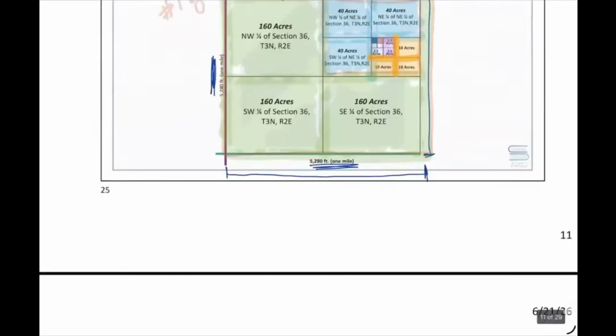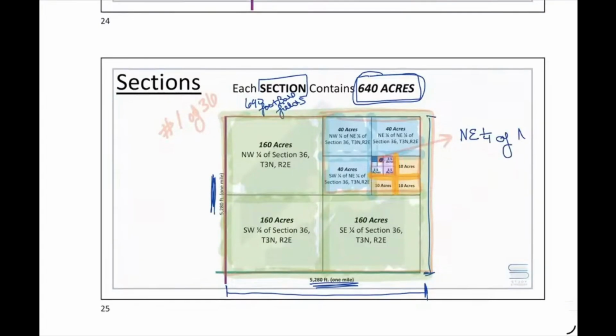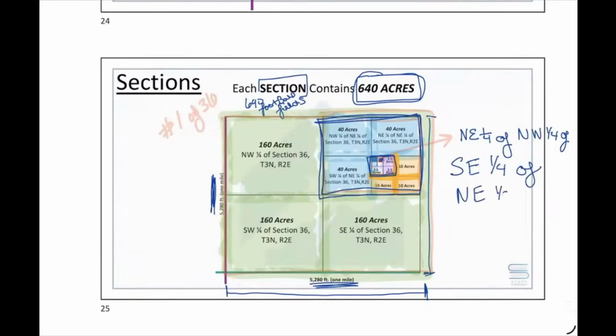I don't have one written out, but I could tell you this piece right here would be the northeast quarter of, that's this box here, the northwest quarter, because we're talking about this right here, and that is in the southeast quarter, because we're talking about, oh, that box is the southeast quarter of this box, and that box I just outlined is the northeast quarter of this entire section.